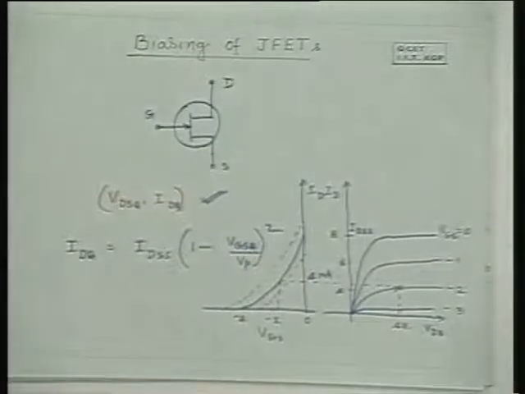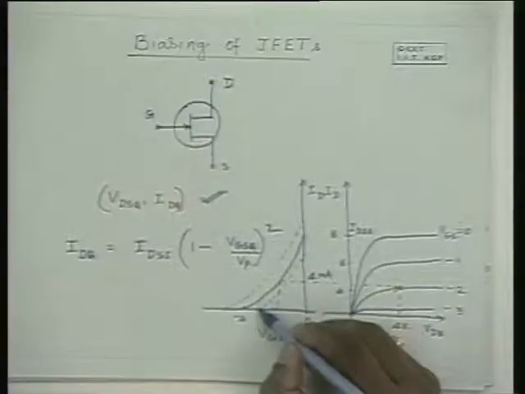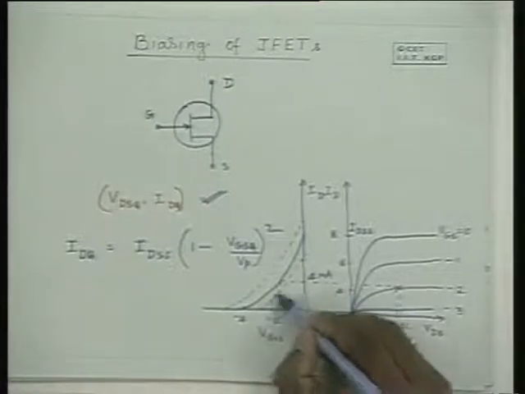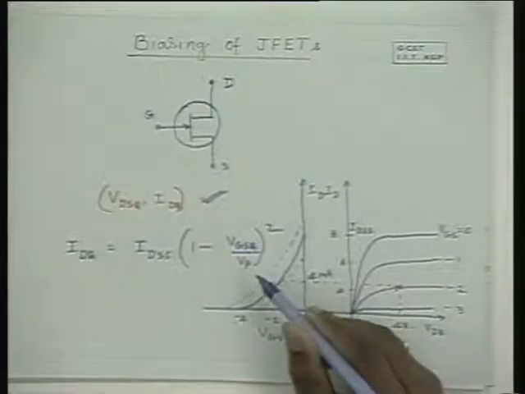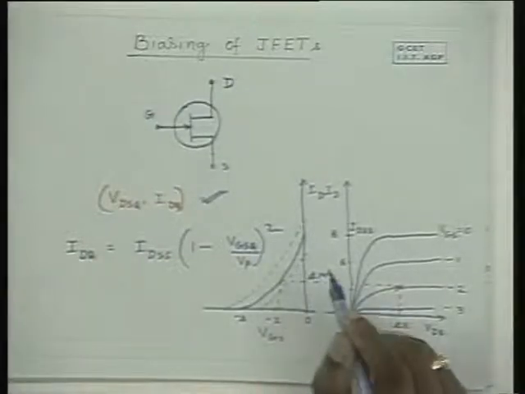Why? Again, the reason is the inaccuracy in the manufacturing process. So if the same type of JFET is taken from the same manufacturer, same type number, you will find that some JFETs have this transfer characteristics and some JFETs have this transfer characteristics. So that much variation is there.